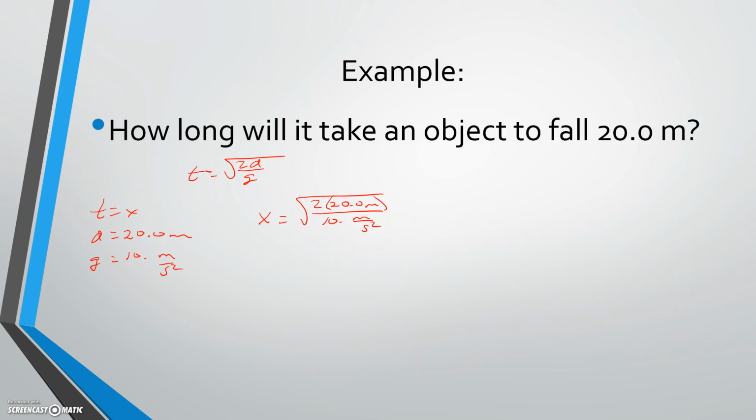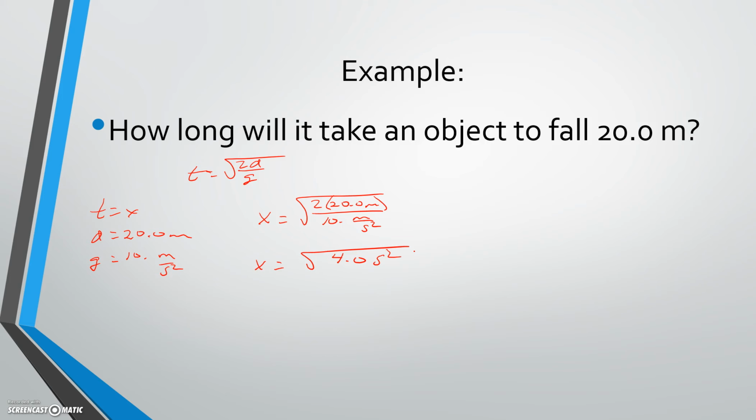We're going to do the math inside that radical sign first. So 2 times 20 is 40. 40 divided by 10 is 4. Now, when we look at the units, the meters are going to end up canceling out, and we're going to be left with seconds squared.